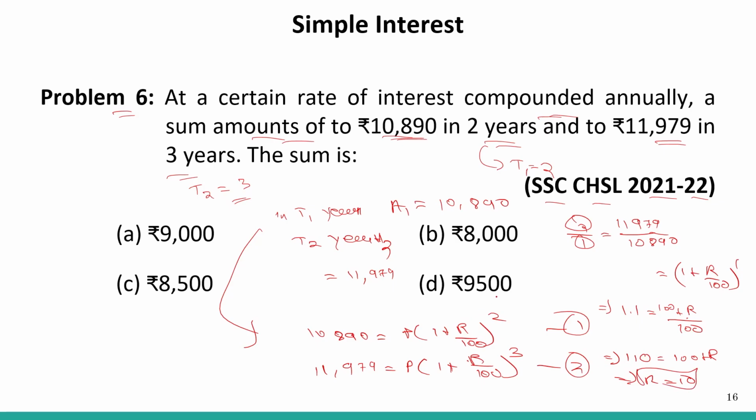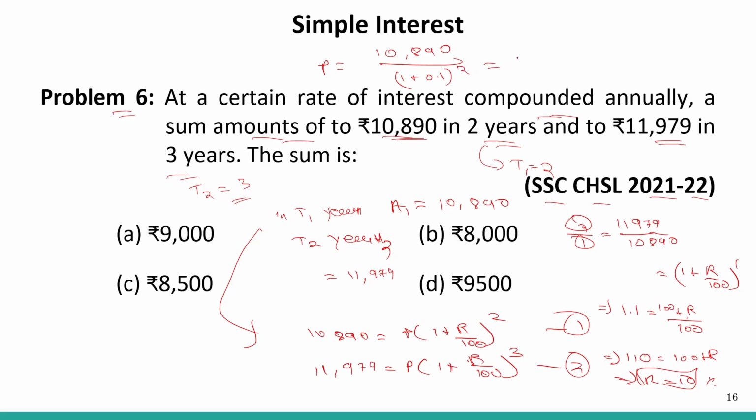Now we can evaluate that R, the compound interest rate, is 10% annually. So P will be equal to 10,890 by 1 plus 0.1 whole power 2, right?